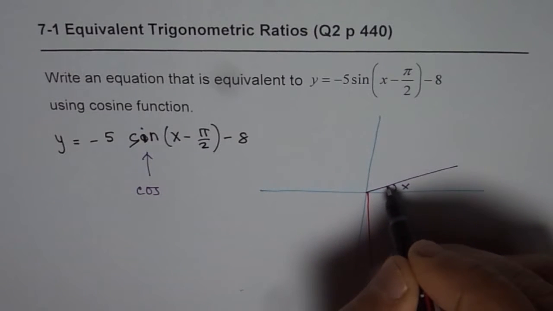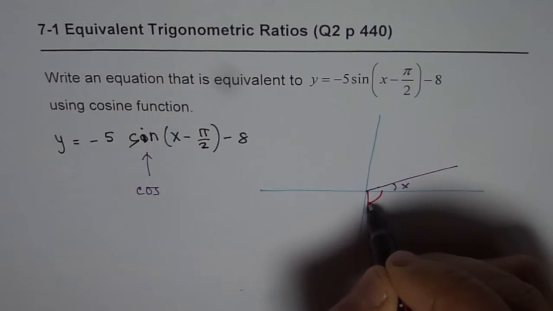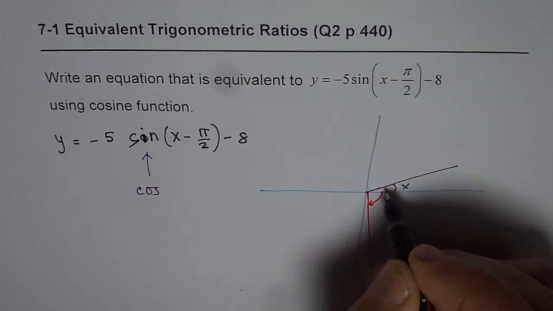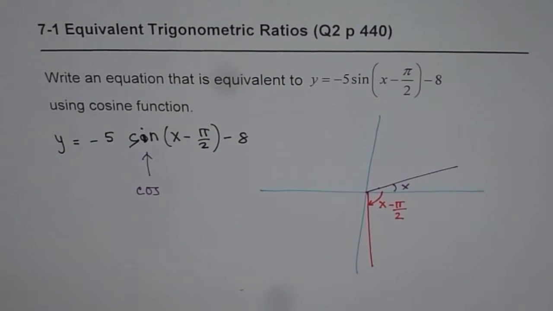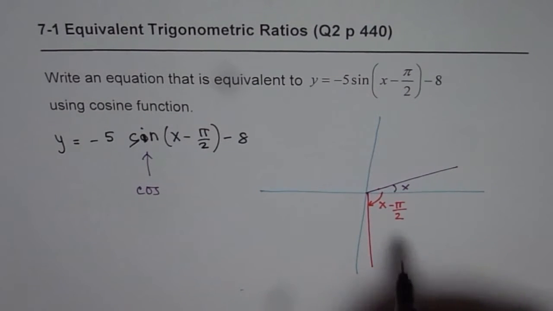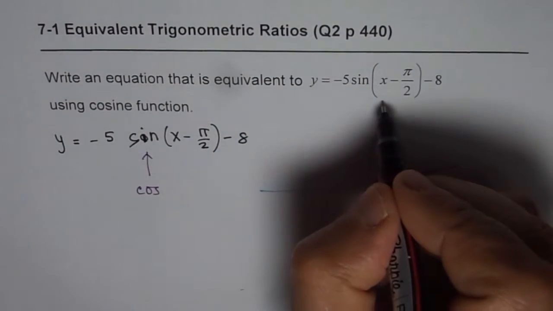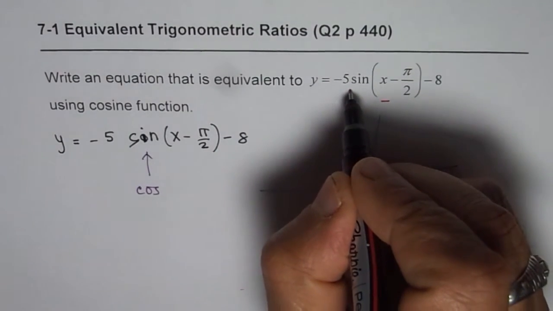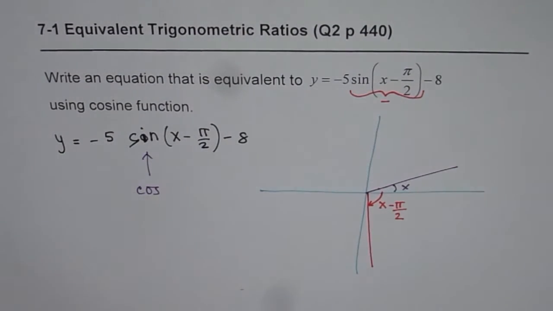So you take away this angle, and then you land up here, right? So this becomes the angle x minus pi by 2, correct? So that is what you land up with. You can clearly see here that sine value is negative here. So you are expecting a negative value for this particular portion. Is it okay? Negative value, right?